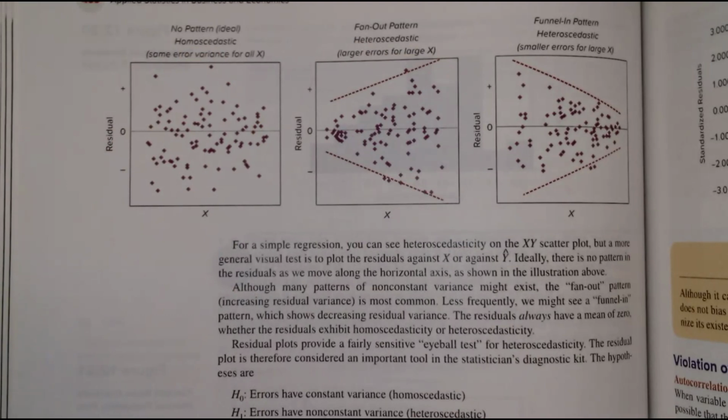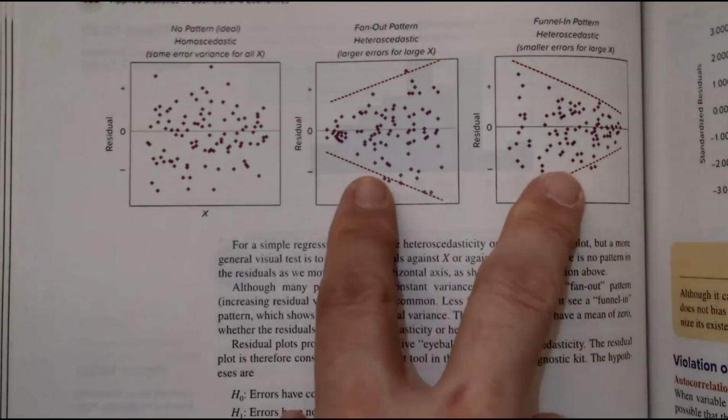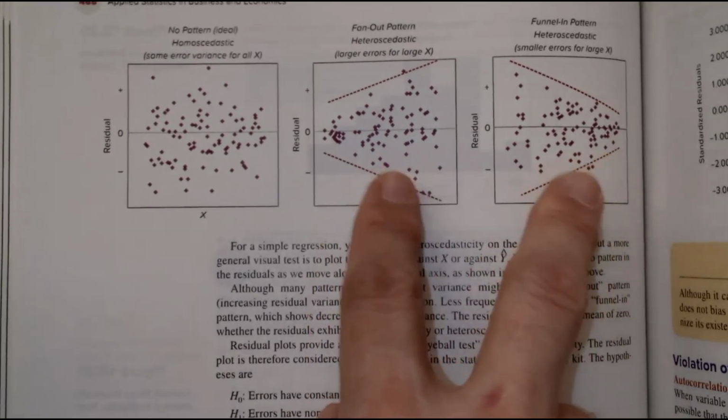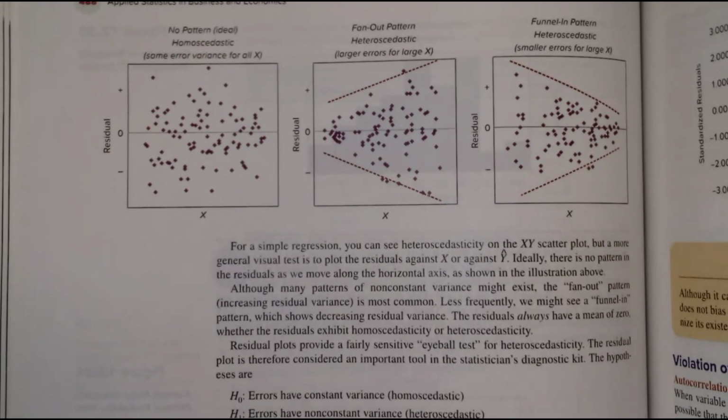I hate that word. But that is the formal term. Here, something is happening. There is a relationship between the X value and the error I get. That means it's not constant across the setup. So this is the best way to check.